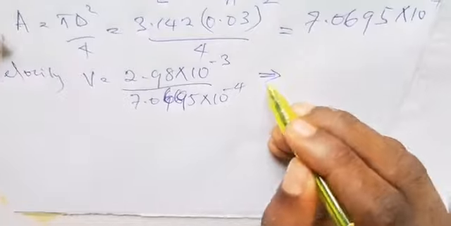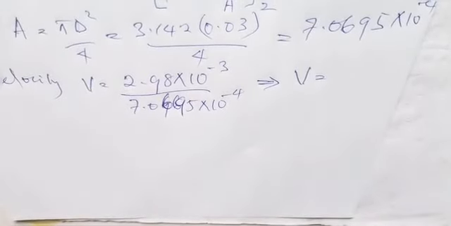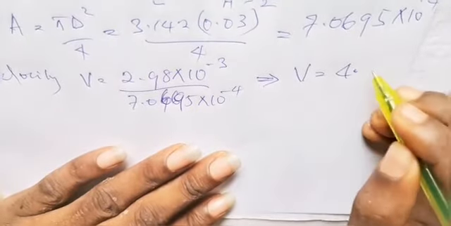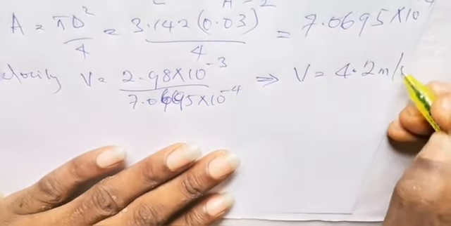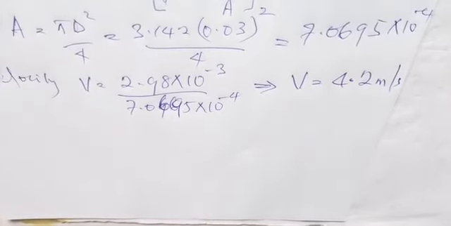So let's compute this, 2.98 exponential minus 3 divided by the answer. That gives us 4.2 meters per second. So this becomes the velocity of the fluid.